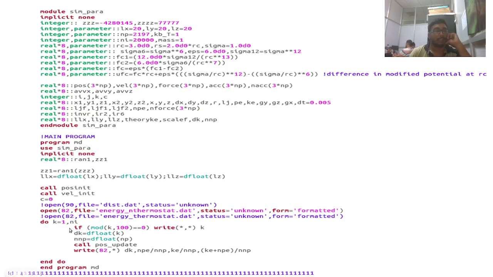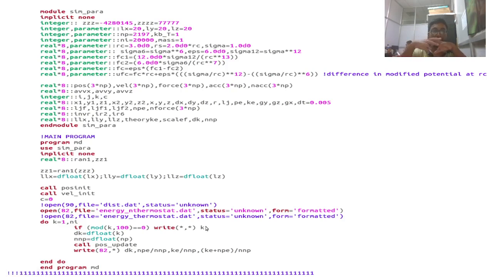After that we have used a loop over the total number of iterations, and if mod(k, 100) is 0, that means if my iteration number is totally divisible by 100, so the remainder is 0, then at those points I am going to write the k value.